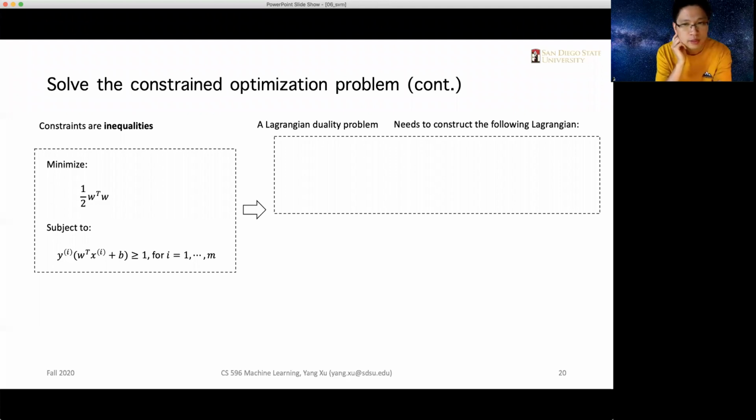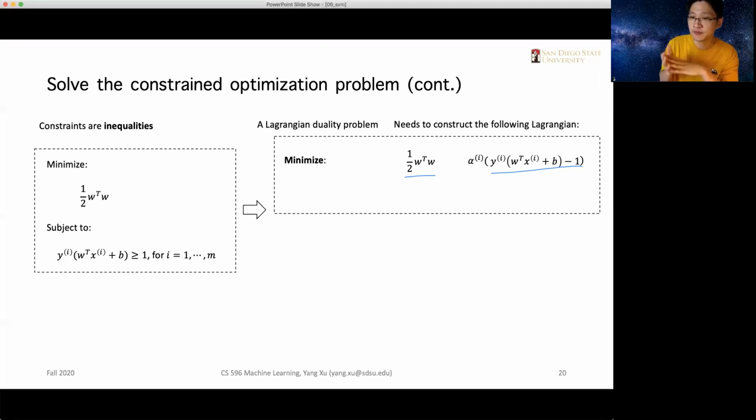So we basically want to construct the following Lagrangian. Here I put the target. That's our target, that's our constraints. And a Lagrangian just needs a multiplier. We call it alpha. Now it's not lambda, but it's actually the same function.